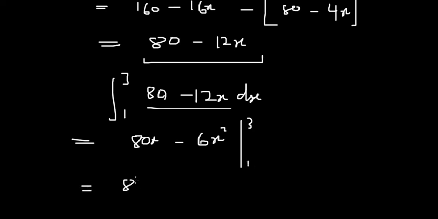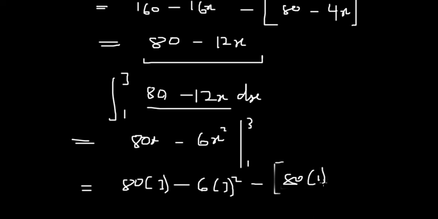So we have 80 multiplying 3 minus 6 multiplying 3 squared, minus 80 multiplying 1 minus 6 multiplying 1 exponent 2.